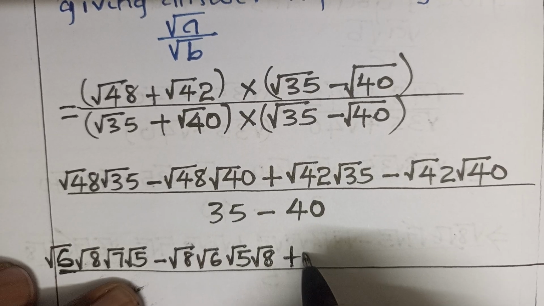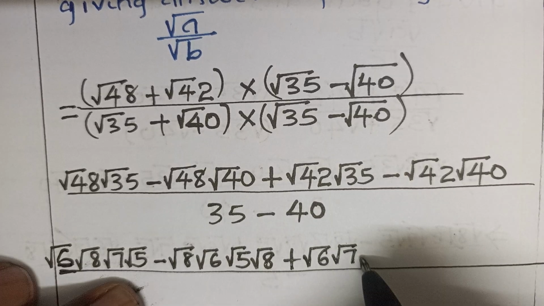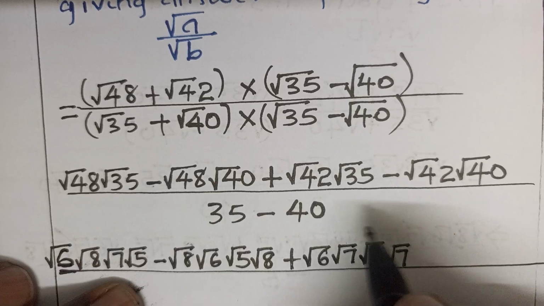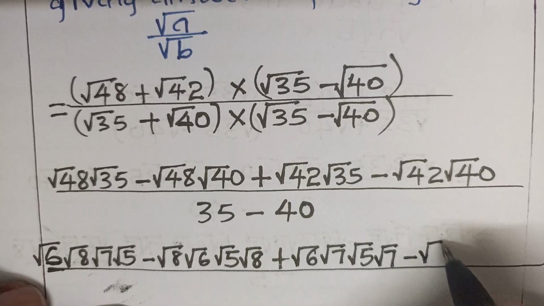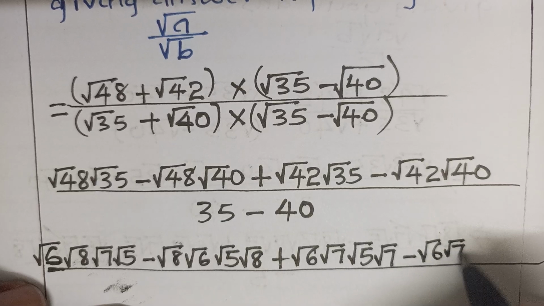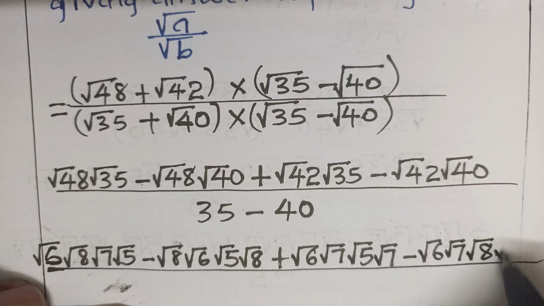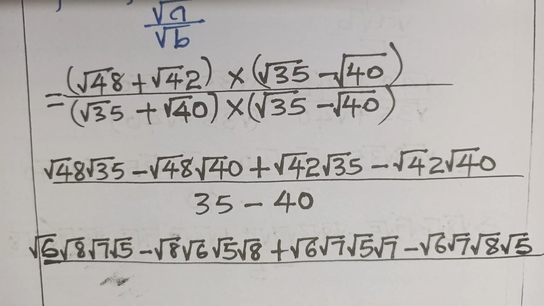Plus √6, √7, that is for 42. √5, √7, that is for 35. Then we have minus √6, √7 for 42, and √8, √5, that is for 40.